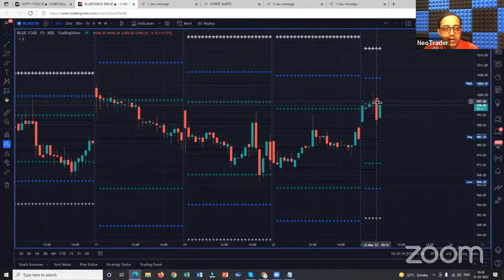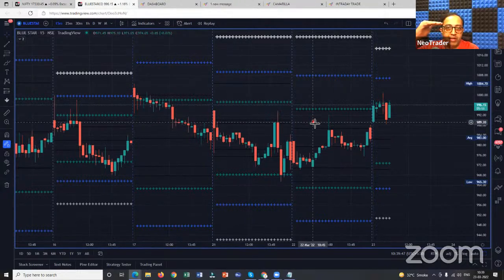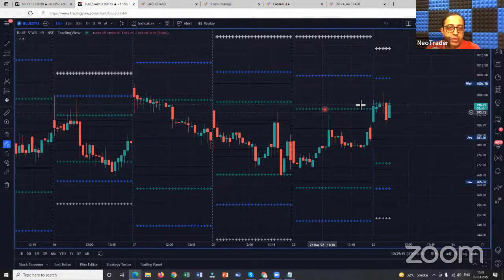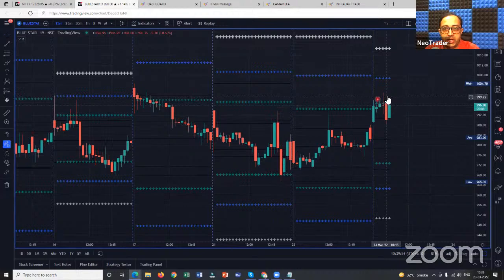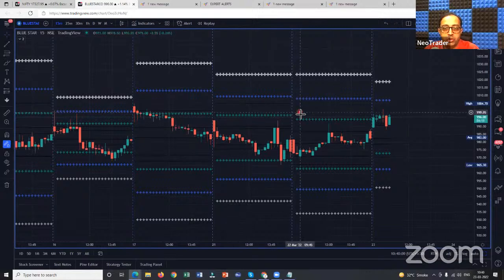If you ever get a 15-minute close above 1000, it can prove to be a very good point, because for 4 days, the 1000 level has been tested. Now, if it closes above 1000, even on a 15-minute chart, it will be a good intraday play, or you can take it as a multi-day play, which can open up doors towards 1065, 1085.